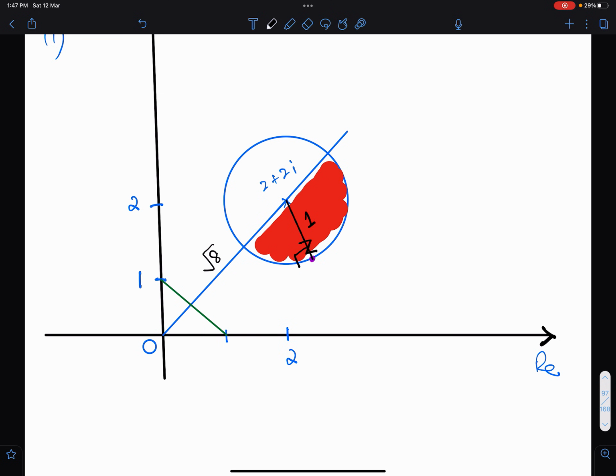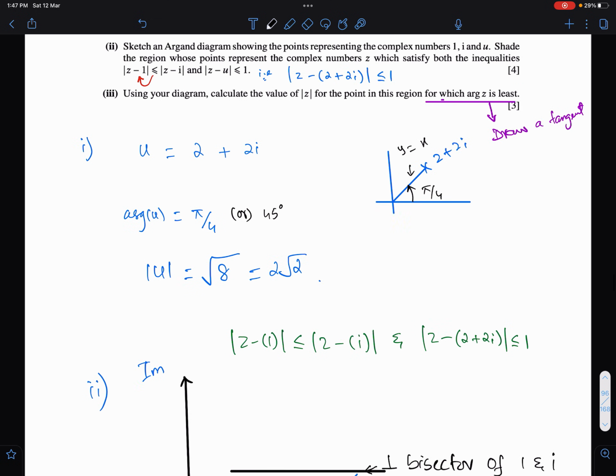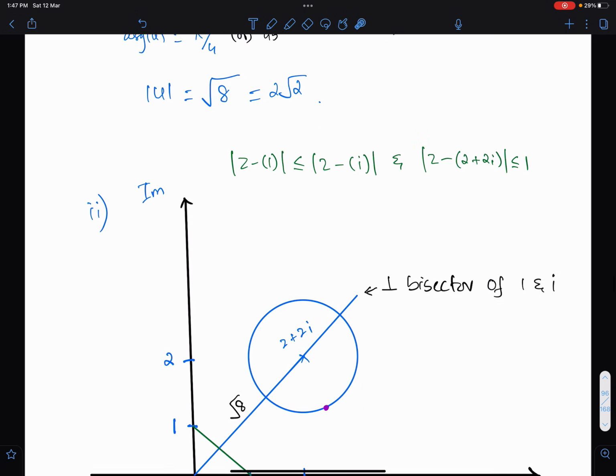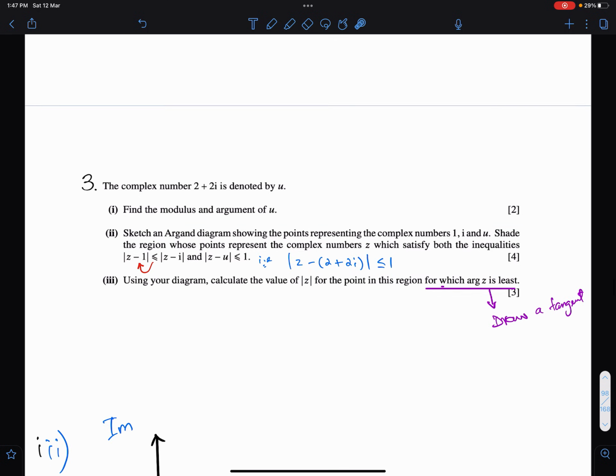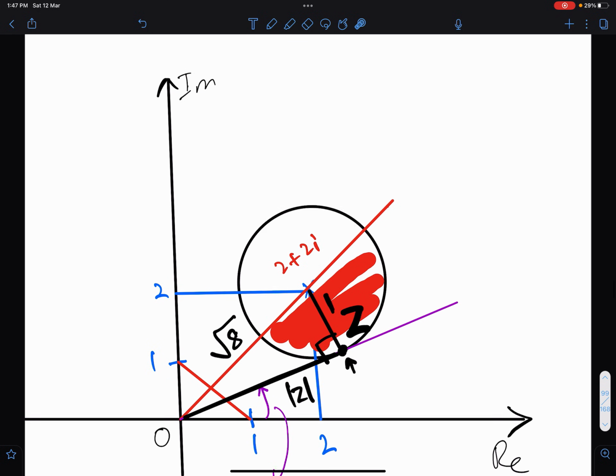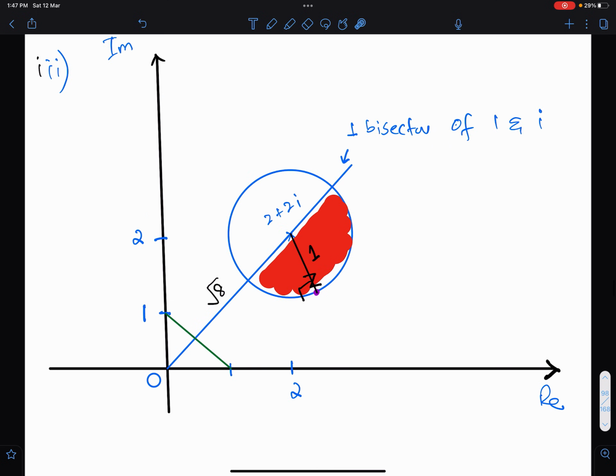So always read the question carefully. Find the value of modulus z for which argument z is least. For argument z least, draw a tangent from the origin to this circle. Here is the solution. Let me solve this part here. So we need this distance. This is very simple.